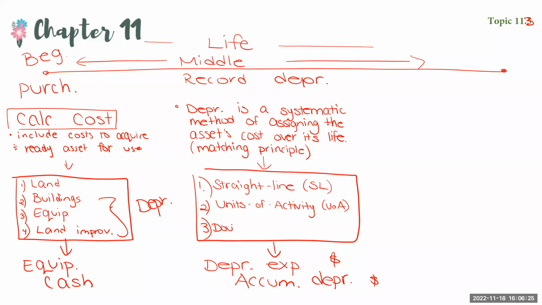And the last one will be the double declining balance method, or DDB. We're going to learn the formulas for each one of those.